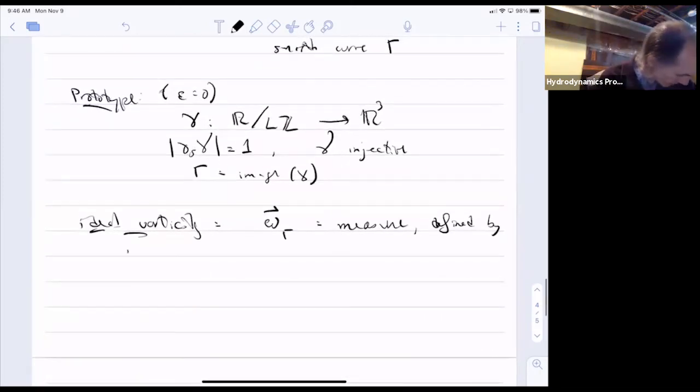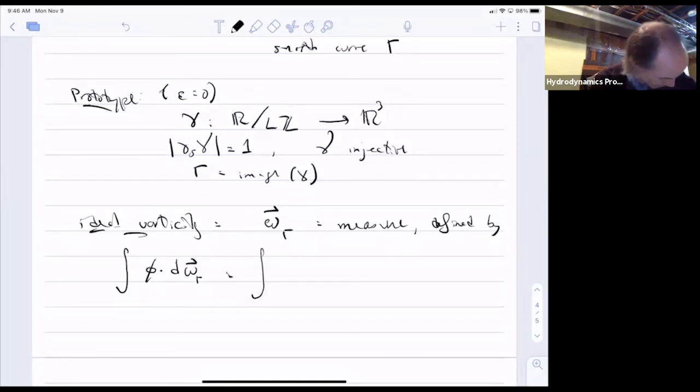So let me tell you how it acts on vector fields. phi dot d omega gamma is the integral over R mod LZ.